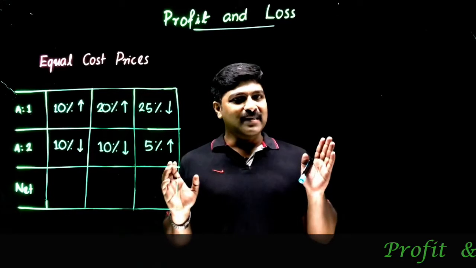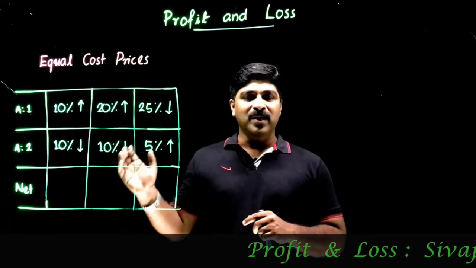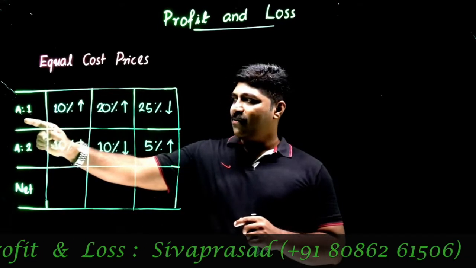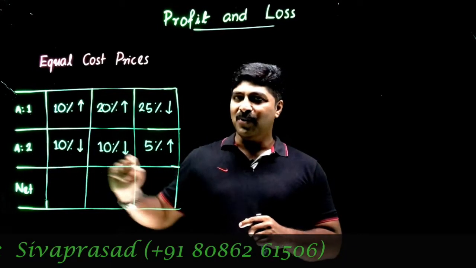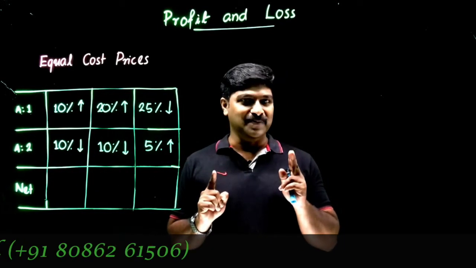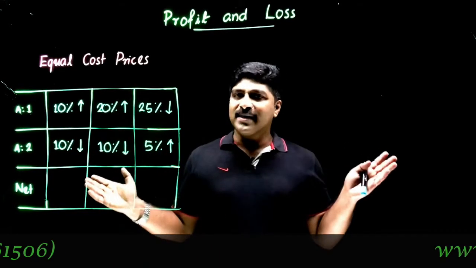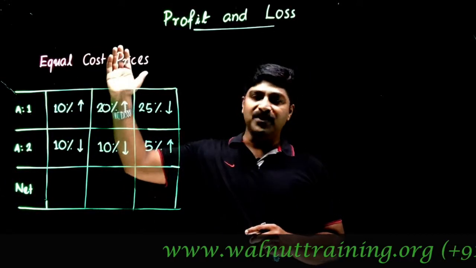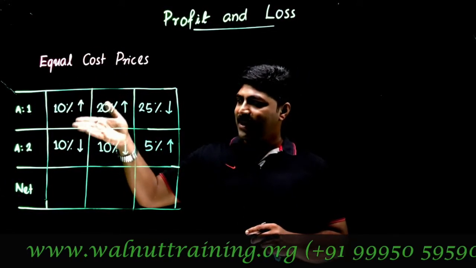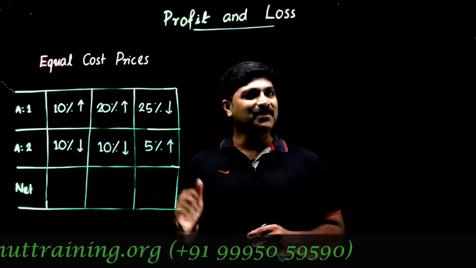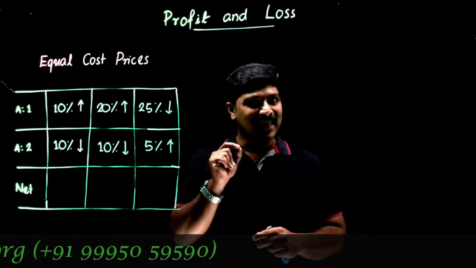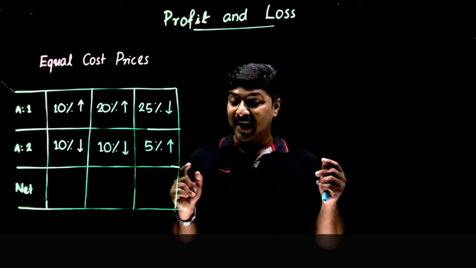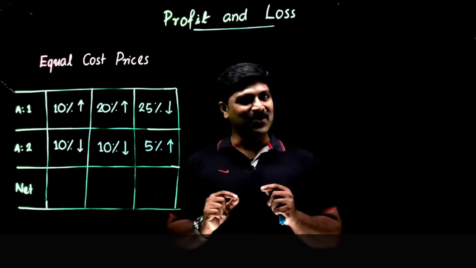Mainly you will get this kind of question with two different articles, for example, Article 1 and Article 2, or two different products. Suppose their cost prices are equal and the first article is sold at a profit of 10% and the second sold at a loss of 10%. What will be the net effect of the entire transaction, whether it's a profit or loss?